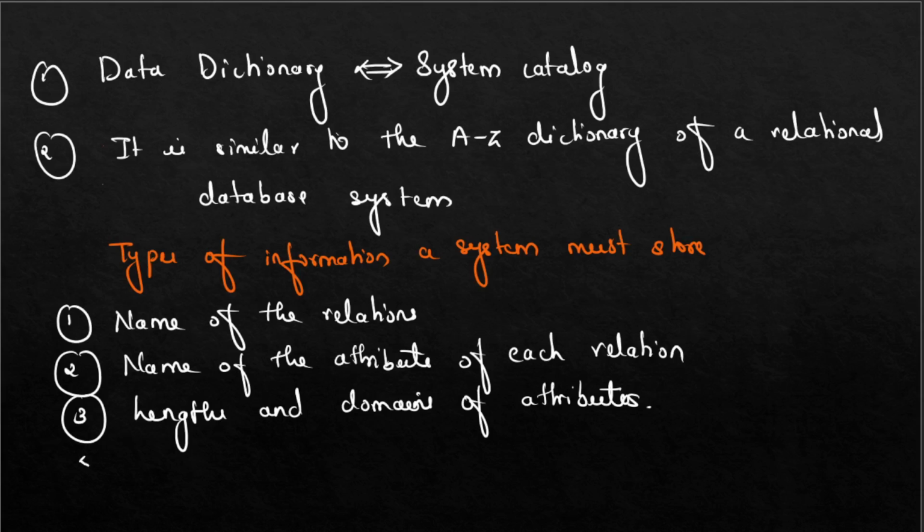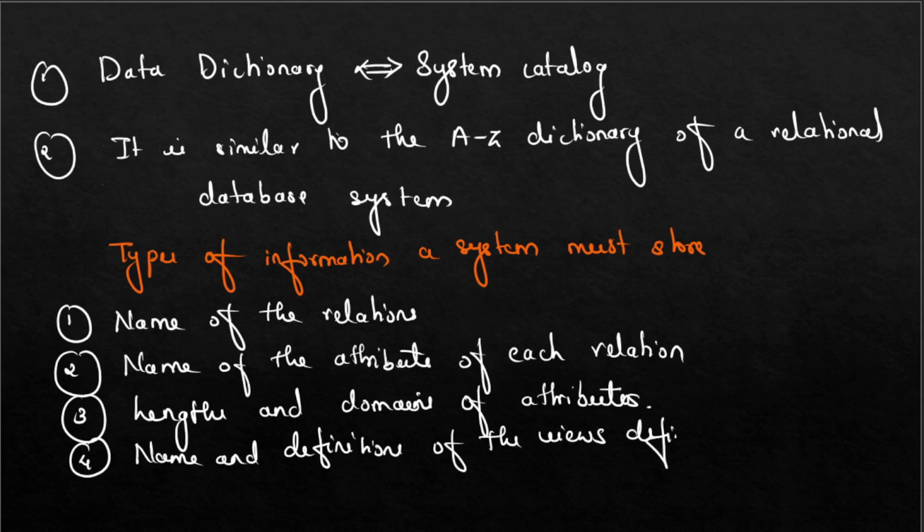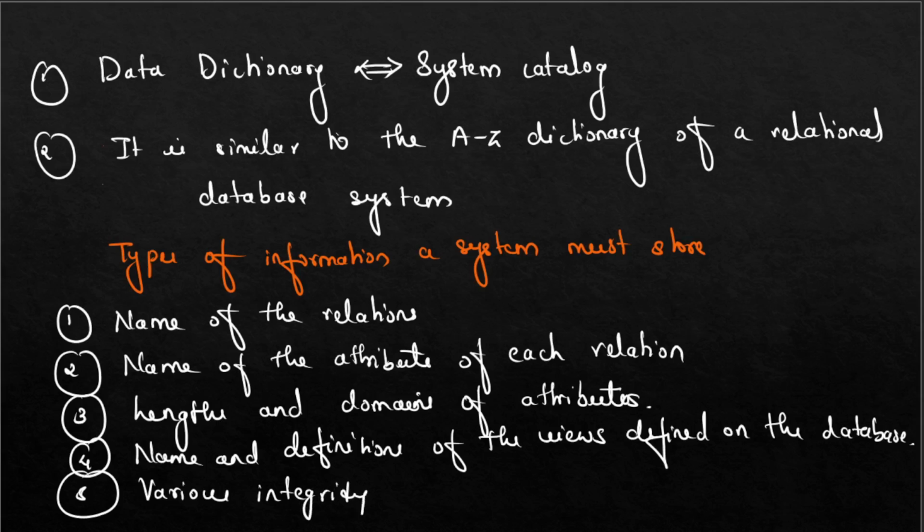Fourth is the name and definitions of the views defined on the database. Fifth is various integrity constraints.